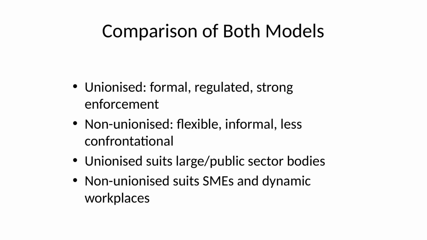For example, in creative industries or tech startups, informal negotiations work better due to fast-paced changes. Choosing the right model depends on organizational size, culture, workforce needs, and legal requirements. In both, the goal is to balance employer control with employee voice in a productive manner.